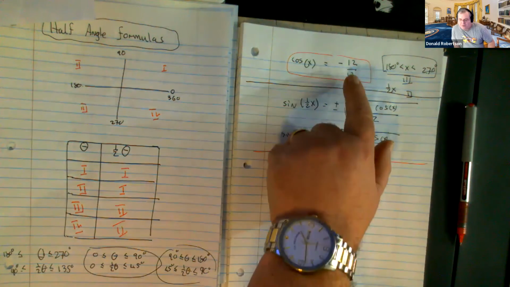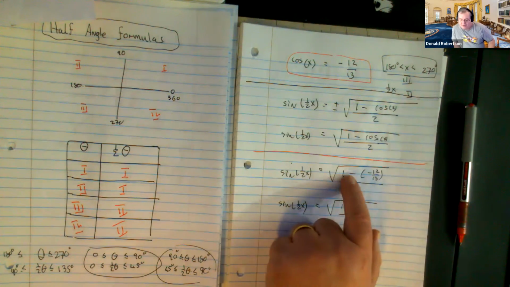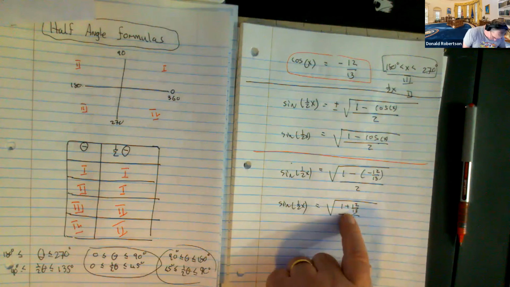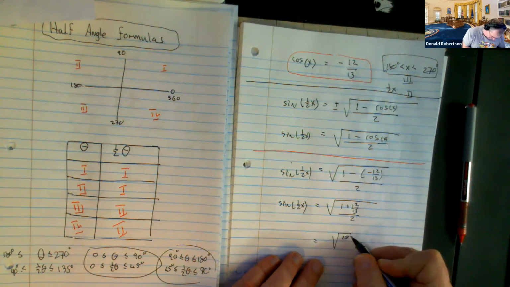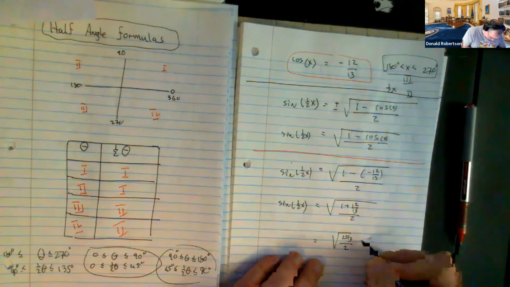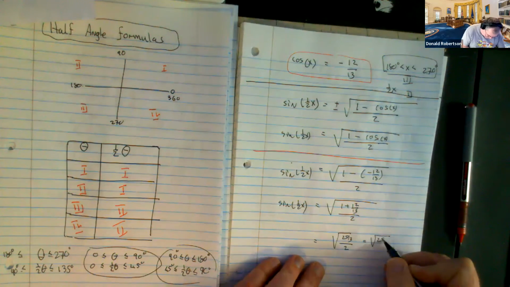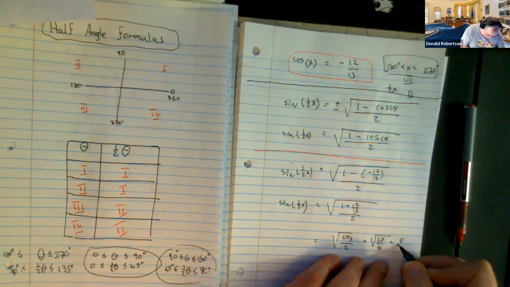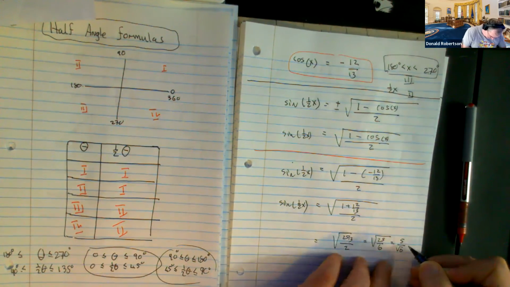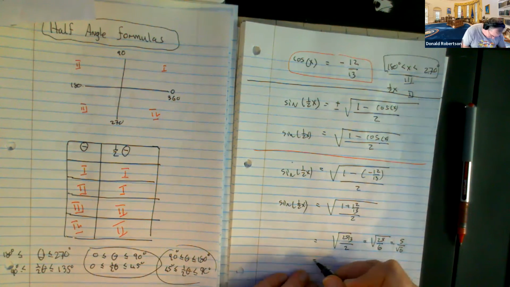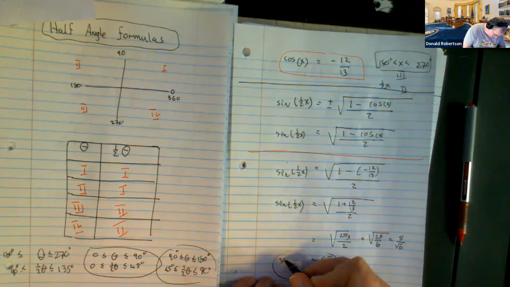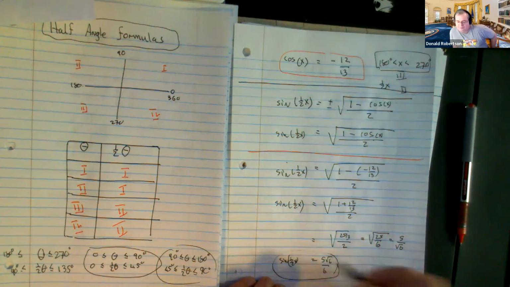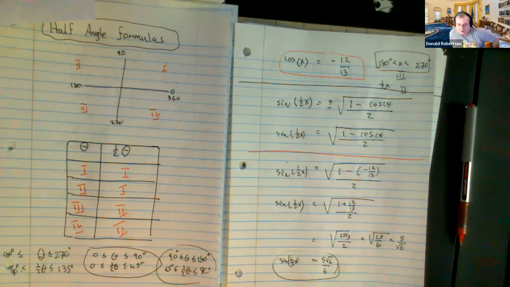And so 1 take away the cosine becomes 1 take away this guy, which becomes this fella. That's 25 thirteenths divided by 2, which I believe is the square root of 25 twenty-sixths, which ends up being 5 over root 26. And then if you rationalize the denominator, there's your answer. Are you comfortable with that one?